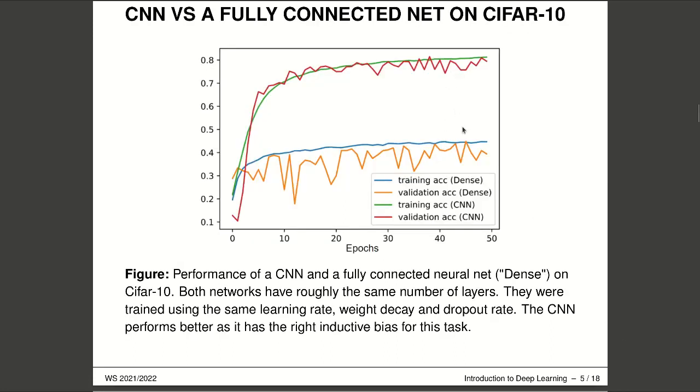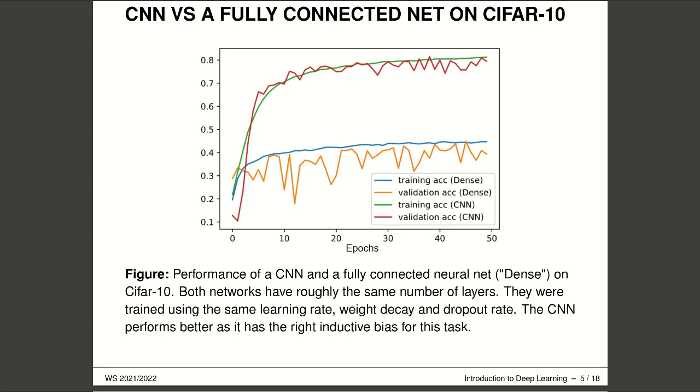And here you can see the epochs versus the accuracy of two networks. The first network is trained as a CNN, and the other network is composed of dense layers. In this example, both networks have roughly the same number of layers, and the hyperparameters are quite similar.